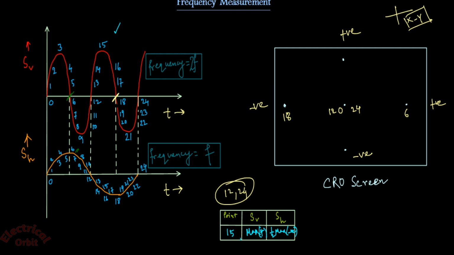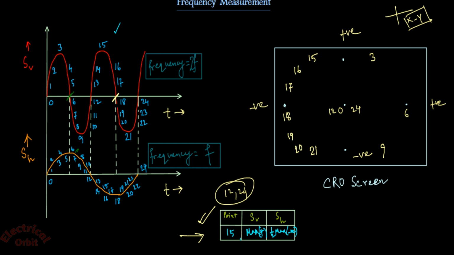So your point will be, according to the graphical representation, somewhere here. The same logic is applicable for point number 3, point number 21 and point number 9. If you follow this method that I have used here, like a chart or a simple graphical representation, then you will find all the points, like 16 here, 17 here, 19 here, 20 here, like this.